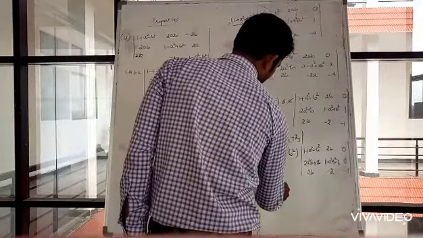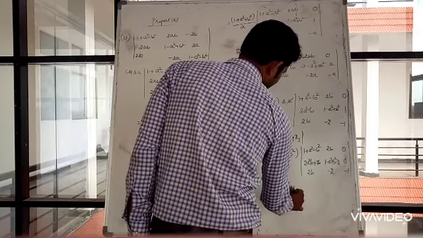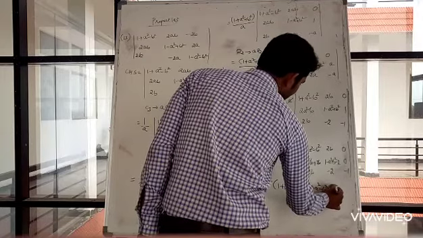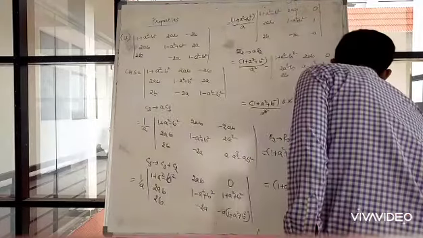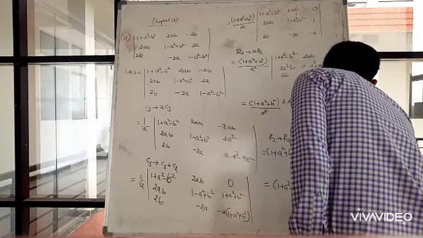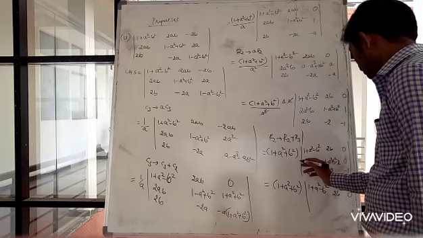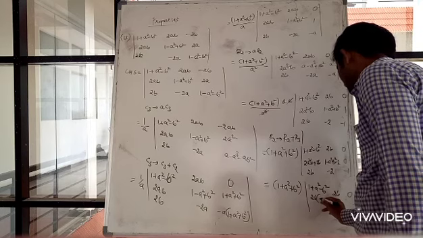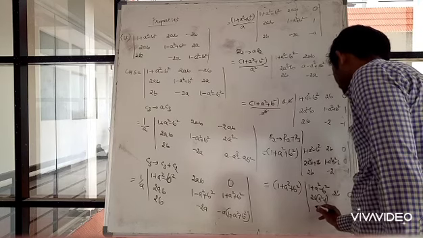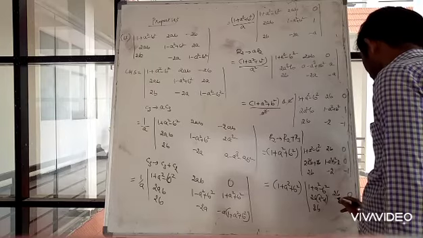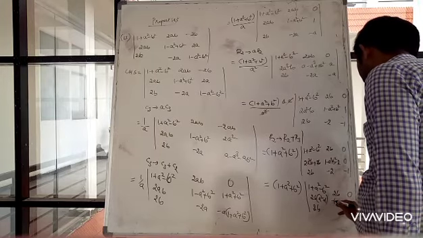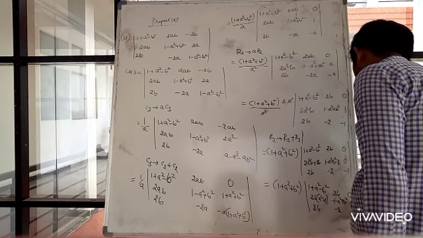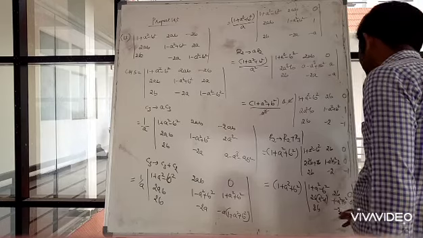Expand through the third column. What happens? 1 plus a square plus b square into 1 plus a square minus b square, 2b, 0. What is common here? 2b is common. 2b into bracket a square plus 1. Here 2b. Here minus 1, minus a square plus b square minus 2, 0, minus 1.